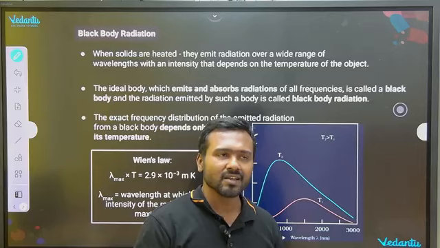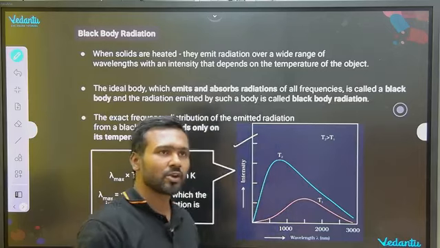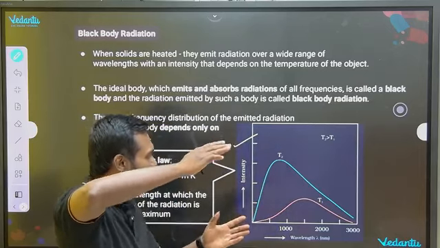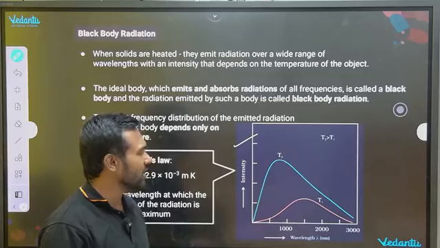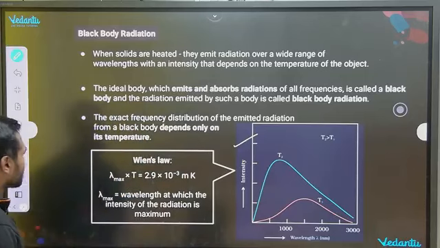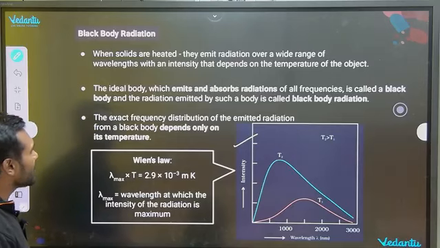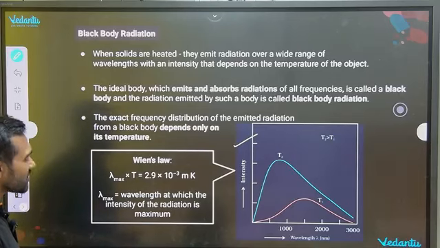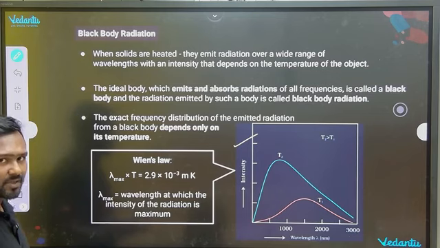That means intensity is going to increase, and after that, at longer wavelength, the intensity is going to decrease. This curve is important here. The frequency of the emitted radiation of a black body depends only on the temperature.